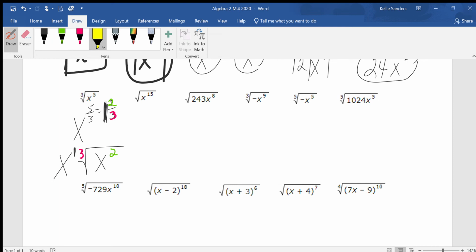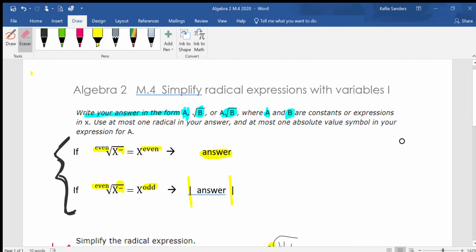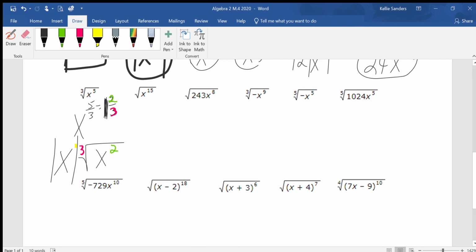And then you look at what's on the outside. Do we have any exponents that are odd? Yes. So those exponents that are odd are going to go inside absolute value symbols. Since that exponent was 1, you do not have to put it, or you can put it.